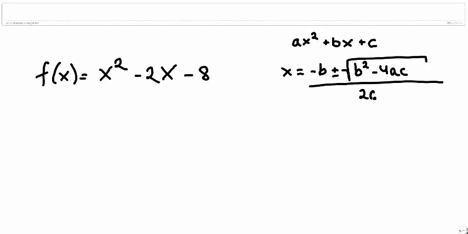We just write 2a. Okay, so we can just put in these 3 constants and get the 2 zeros, or the 2 roots of the function. In this case, I'm going to look at the minus 8, or actually first just the 8. I'm not going to pay attention to the plus or minus sign.